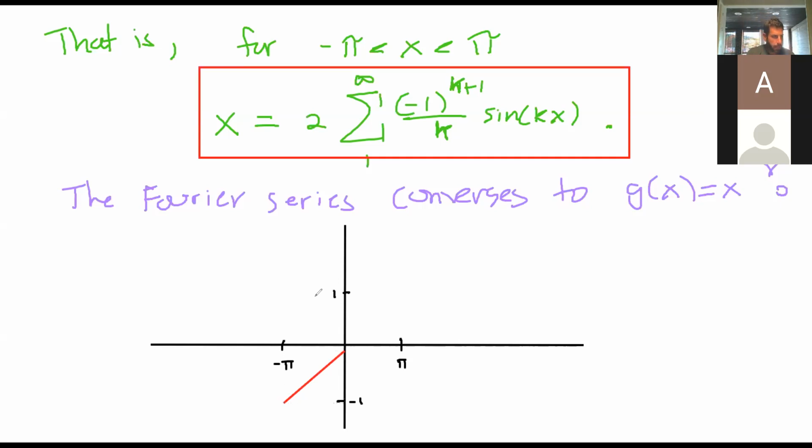So this should be pi. So this is pi, and then of course this is negative pi. Now let's take our function and graph g. What's g look like? It looks like this. That's the function g of x equals x, right? And I'm between negative pi and pi.